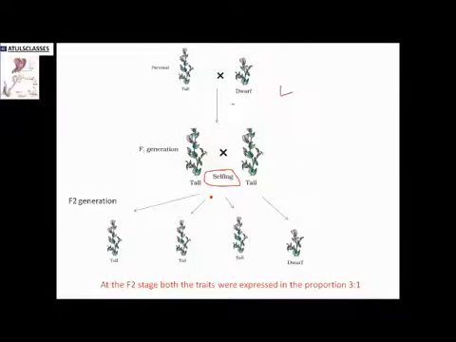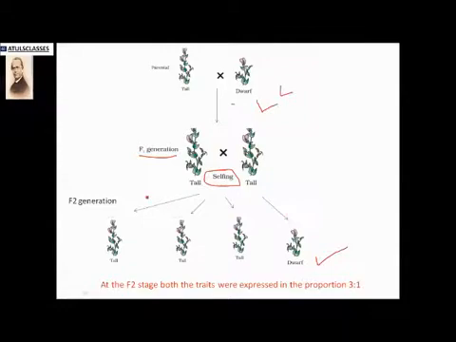So it was clear that in the F1 generation the trait of dwarf was not expressed, but the gene for the trait was there in the plant, and it expressed in the F2 generation.